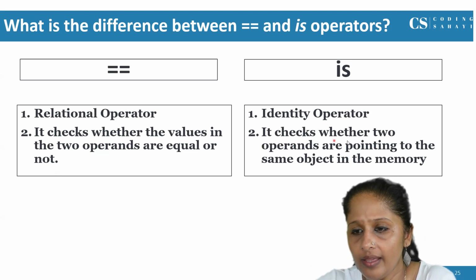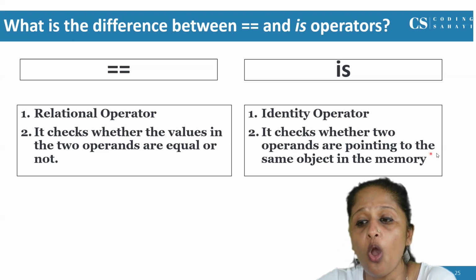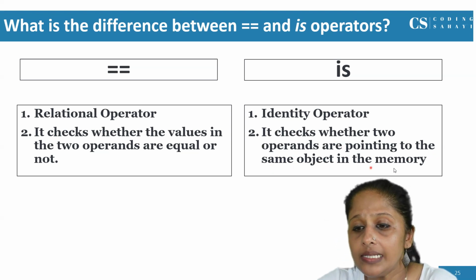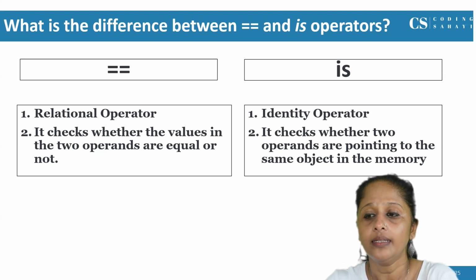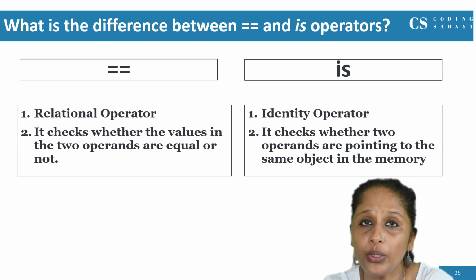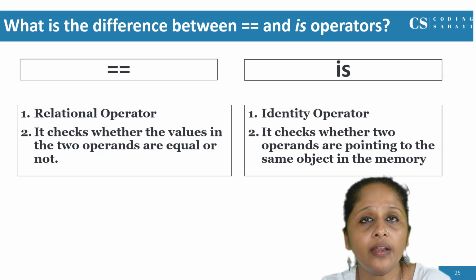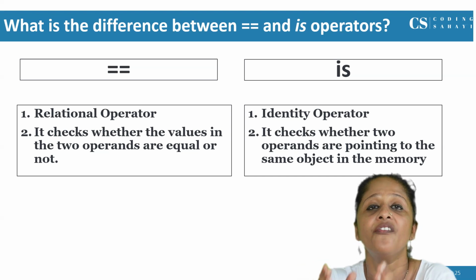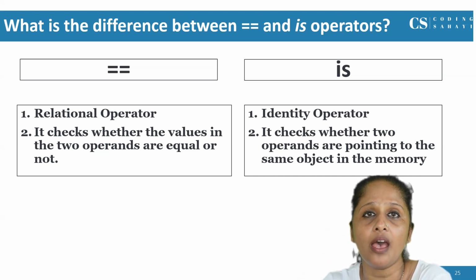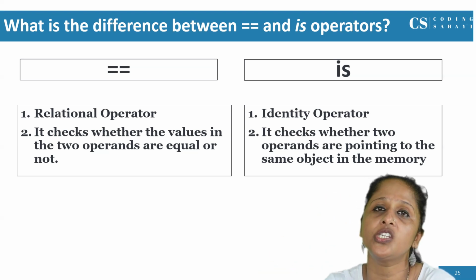The is operator checks whether two operands are pointing to the same object in the memory. For double equal to, it is checking whether the values are equal. But here, if you have two operands, for instance a and b, it checks whether these two operands are pointing to the same object in the memory.